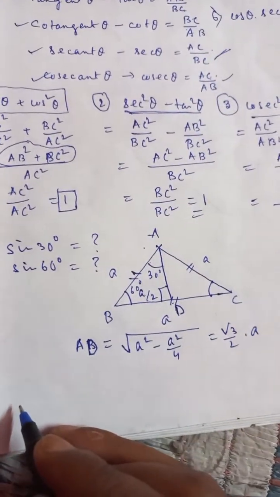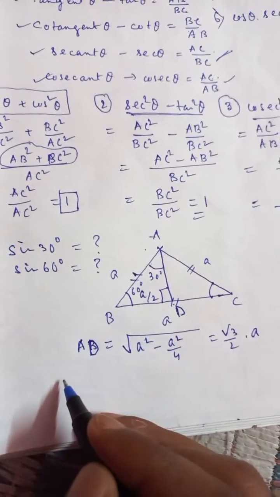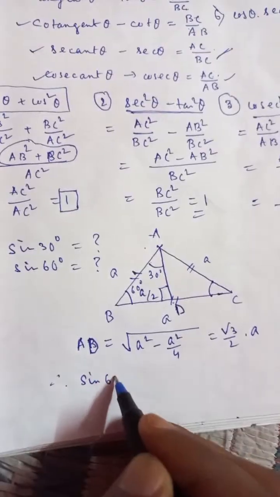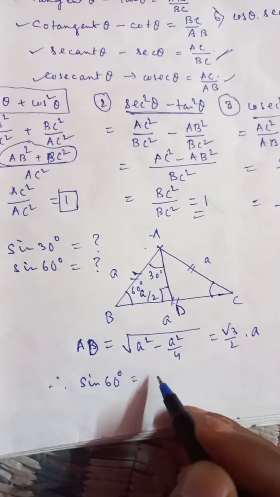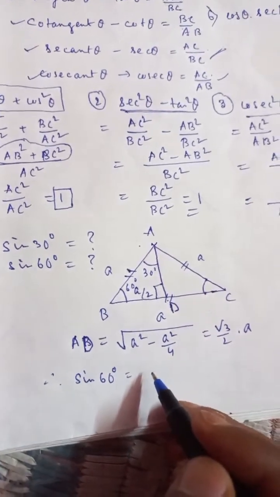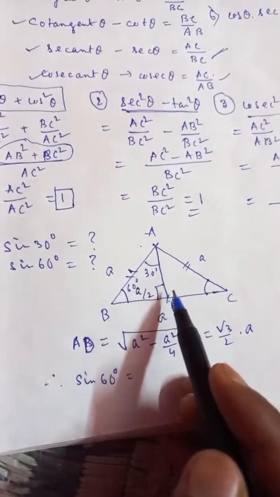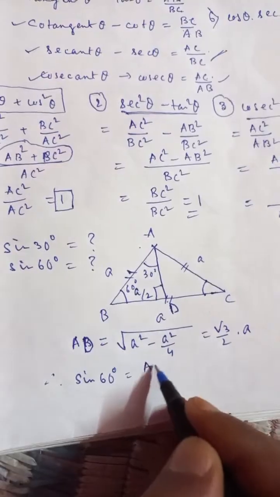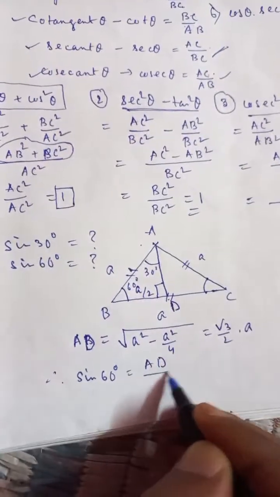Now if we wish to know sin 60 degree, sin 60 degree is equal to height by hypotenuse. This will be AD by AB.